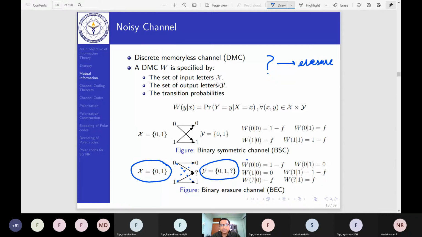So this is the third quantity that we decide. We fix these transition probabilities. W of 0 given 0 is this link, 1 minus f. Here f denotes the erasure probability. So W of erasure given 0: 0 was transmitted, what is the probability that the symbol is erased? That is f. This is one important model that we'll consider subsequently to understand the effect of polarization.